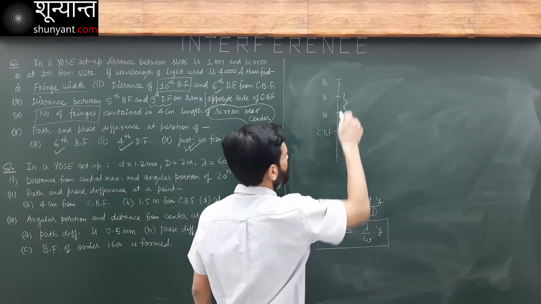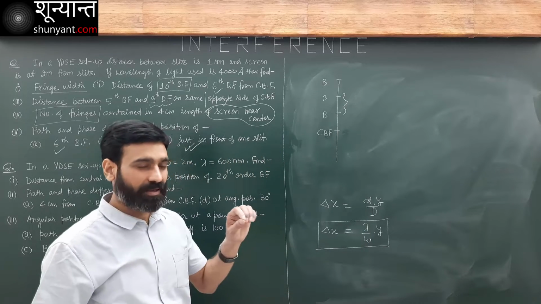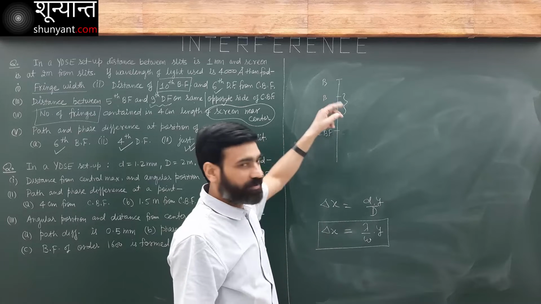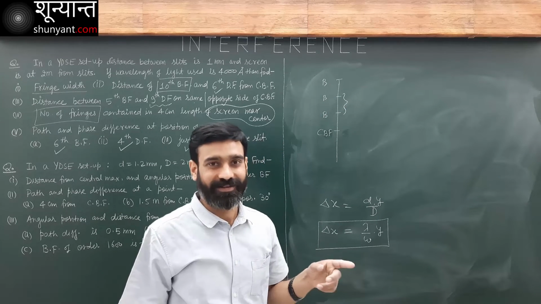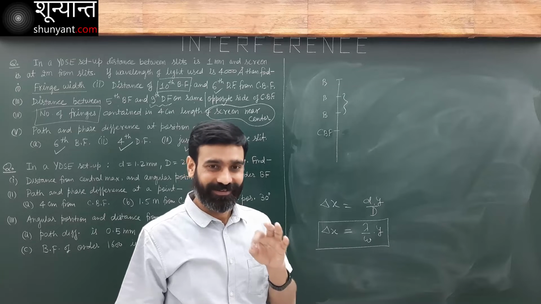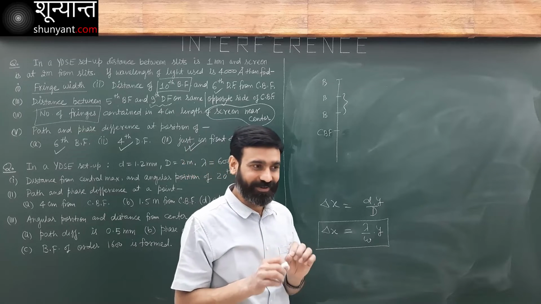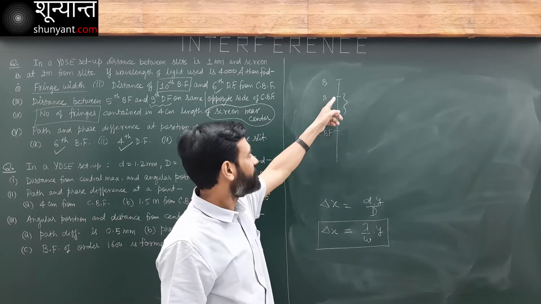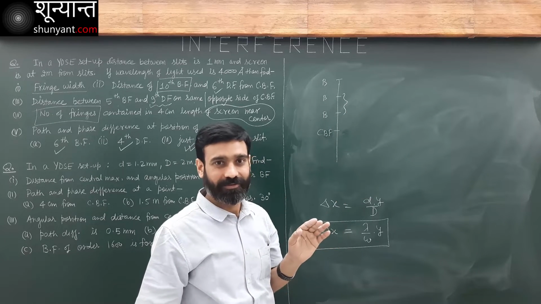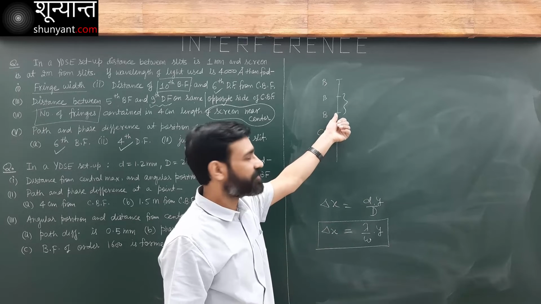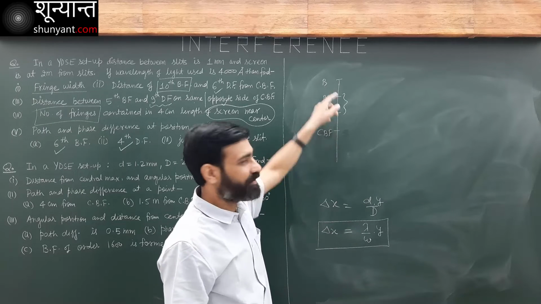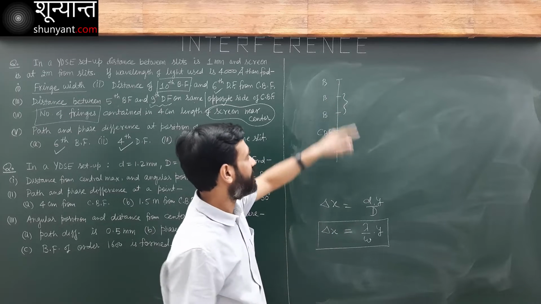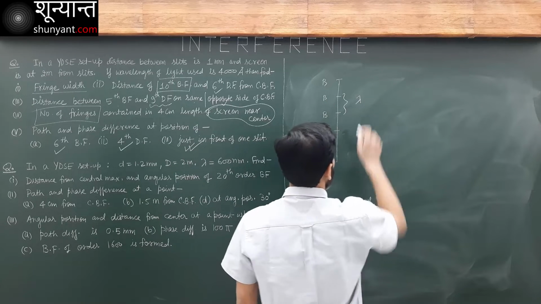If I consider any two bright fringes, what is the difference of the path differences? Try to think about it. At this point I have some path difference, and at this point some other path difference. Let's say if it is 4 lambda here, it must be 5 lambda there. So the difference between the path differences here and here is equal to lambda.